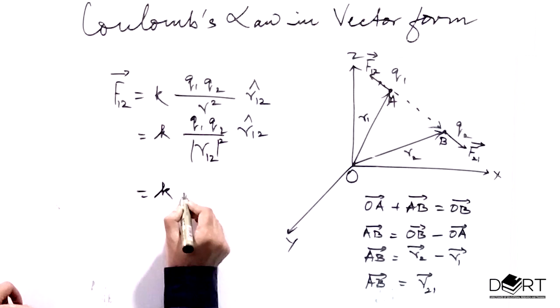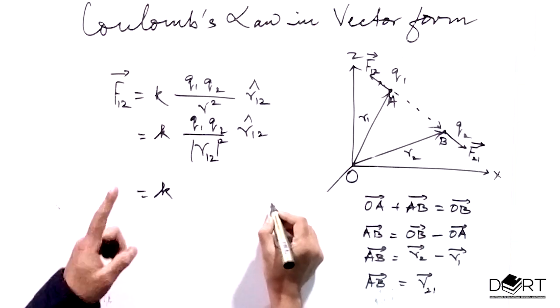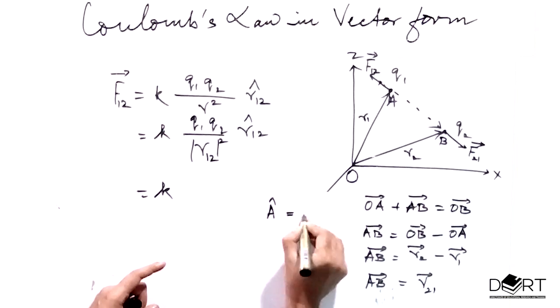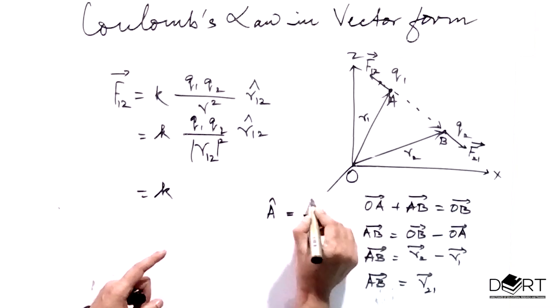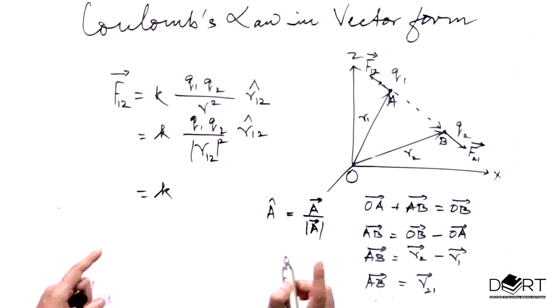Look at this now. Earlier in class 11 when we were doing vectors, there is one more thing that you learnt, that unit vector A is the vector A divided by its magnitude, right. You recall this?